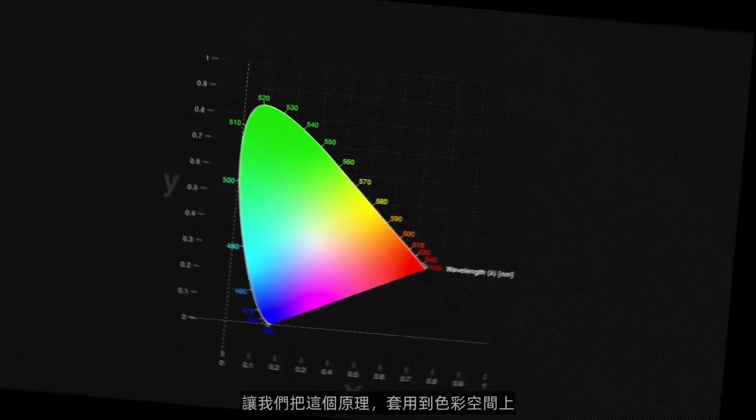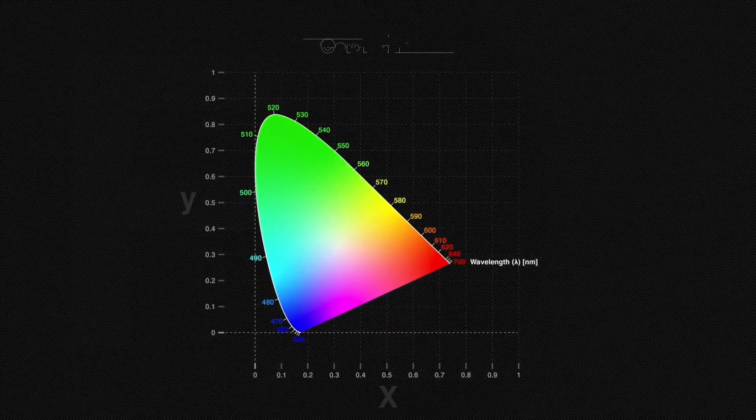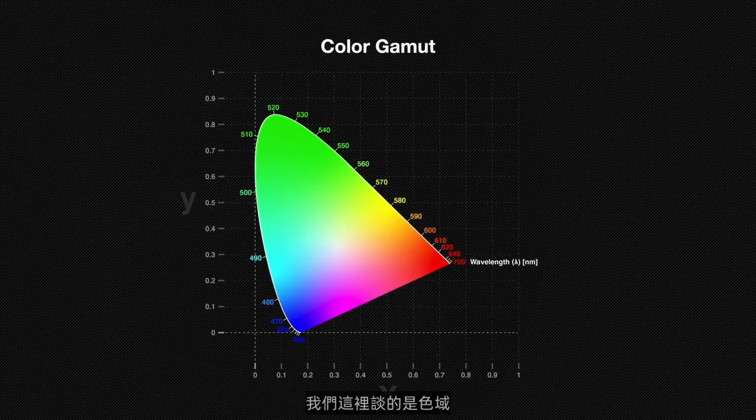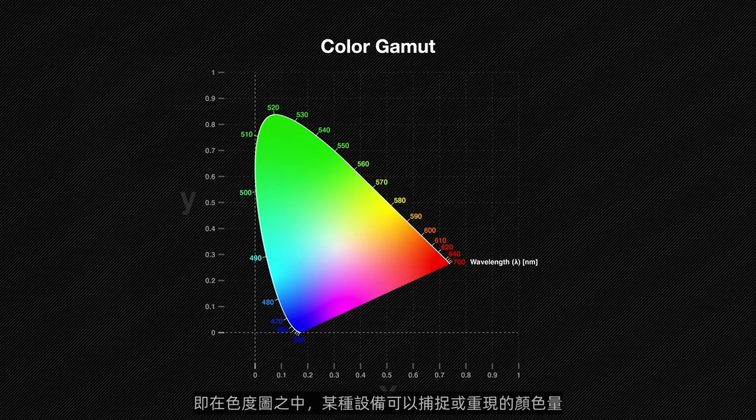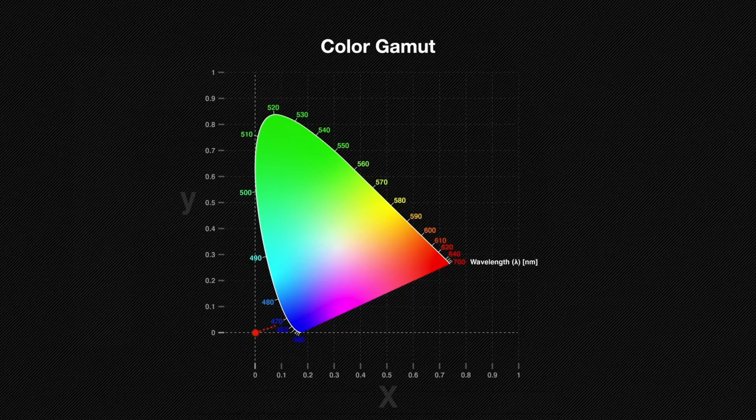Let's apply this principle to color spaces. And so, we talk about color gamut. The color gamut is going to represent the amount of colors from the chromaticity diagram that a certain device can capture or reproduce. This is going to be the area of a given color space.